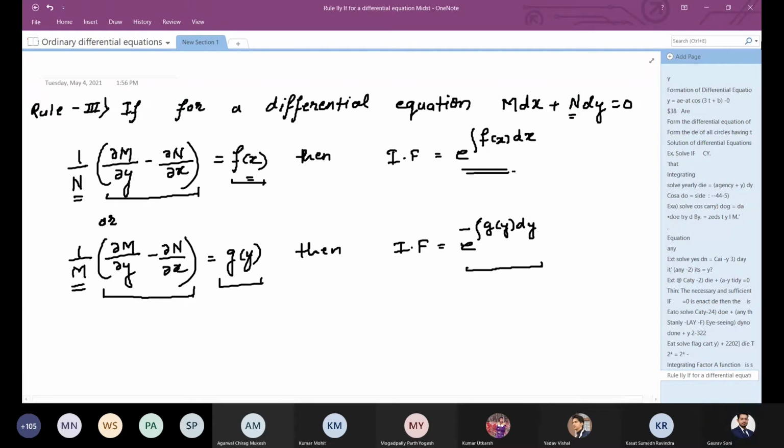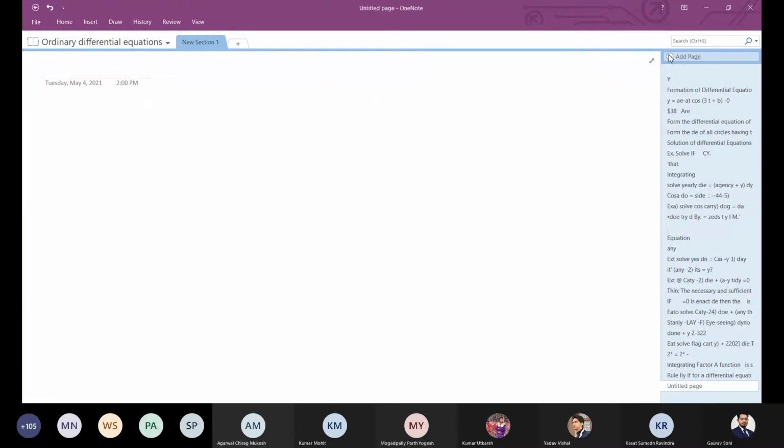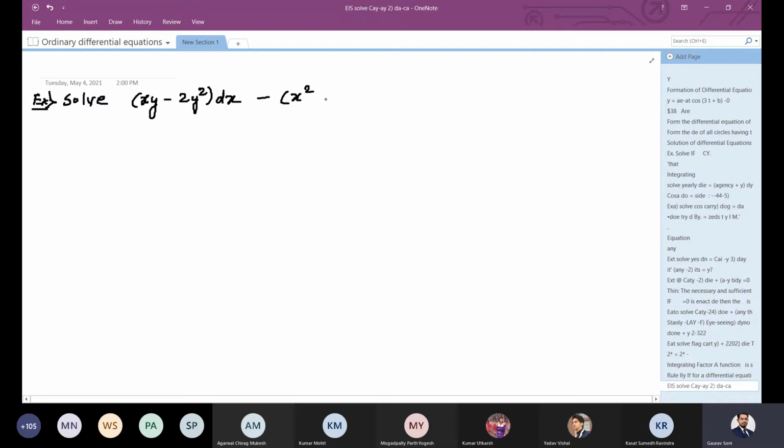So example number 1. Solve xy minus 2y square dx minus x square minus 3xy dy equal to 0.